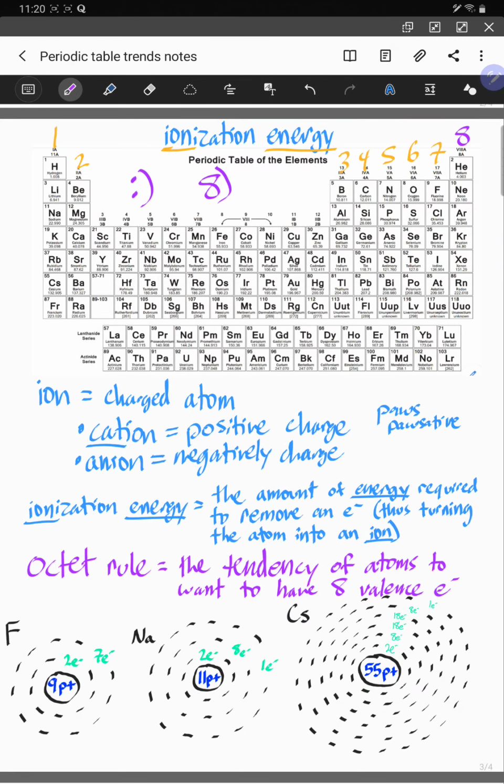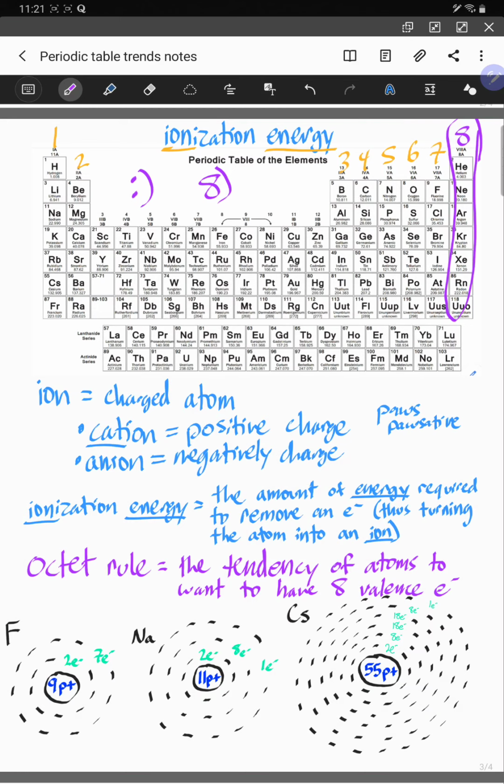And so first of all, let's look at these elements here in the 8th column on the periodic table. The elements in the 8th column already have 8 valence electrons. They are as happy as can be, couldn't be happier. But if you try to take away one of those valence electrons, it is going to fight for its dear life. It does not want to give away an electron.